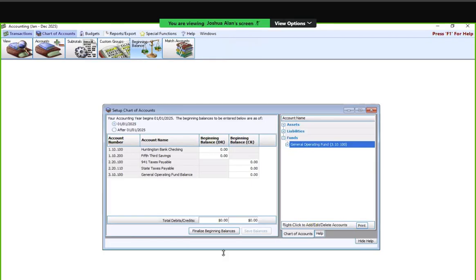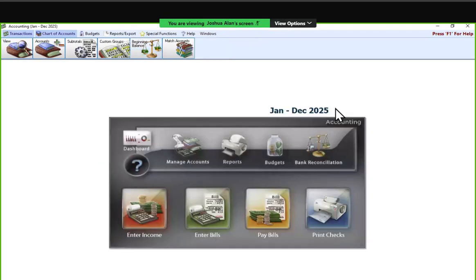So sometime maybe after I've reconciled Church Windows with my bank statements for my assets for the first couple of months successfully, maybe sometime after that, but before I open 2026, I want to set those beginning balances and finalize those, okay? But just be prepared. You're going to get this every time. Once you've entered them and saved them, you can just X out of the finalized beginning balances and just work in accounting just like you would normally, okay?